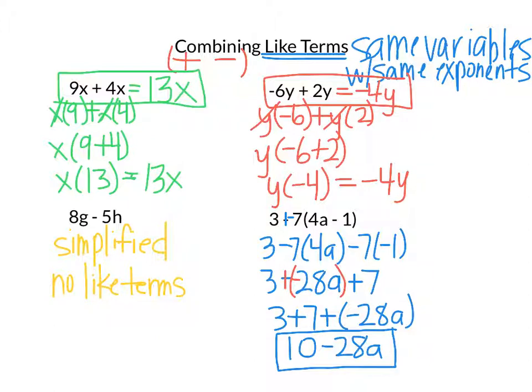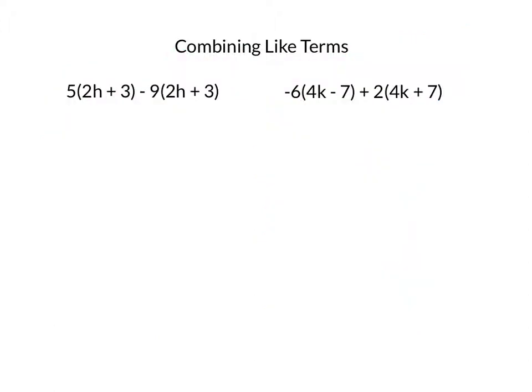Now looking at the one on the left here, the 5 times the sum of 2h and 3 minus 9 times the sum of 2h and 3, they have a common factor. This common factor is an expression, 2h plus 3, but it is a factor.